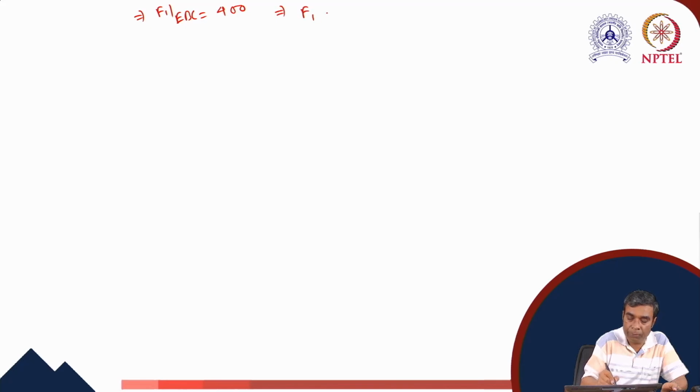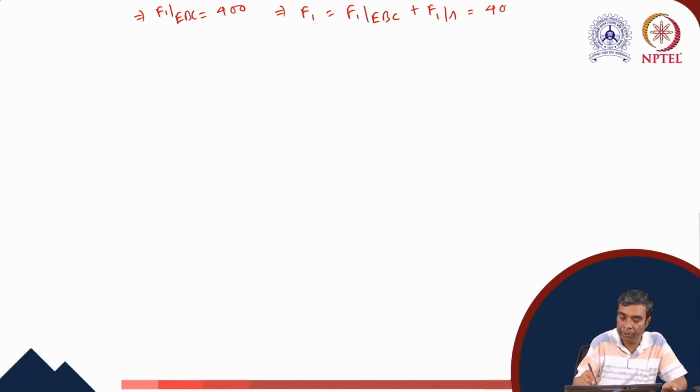Therefore, F1 equals F1 EBC plus F1 source, which equals 400 plus 0.25, equals 400.25.